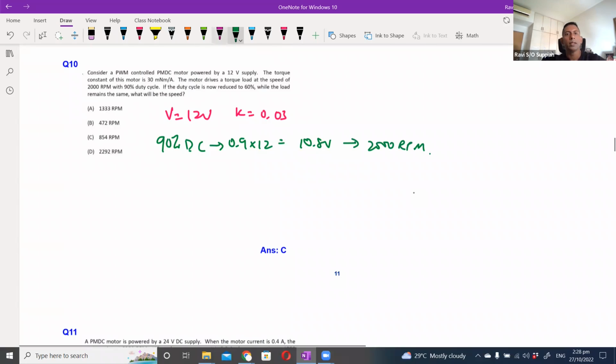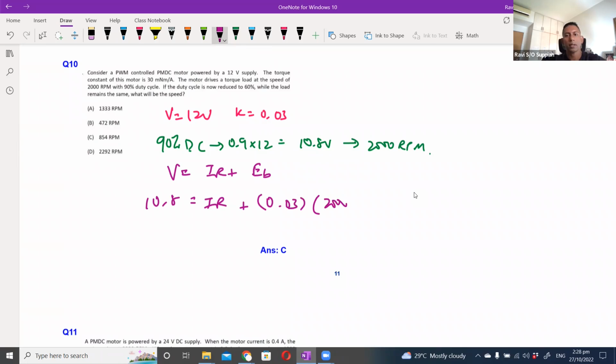So if I put this into my expression, V equals IR plus EB, I get 10.8 equals IR plus K omega, so 0.03 multiplied by omega, 2000 times 2π over 60. With this, I get IR as 4.517 volt.